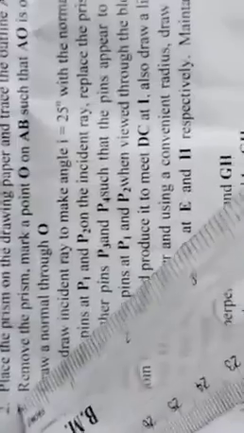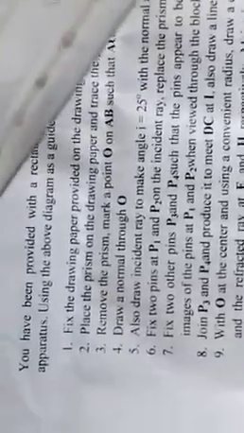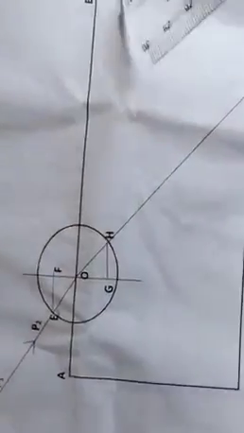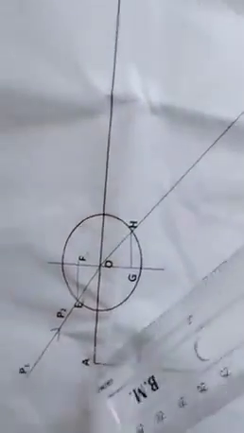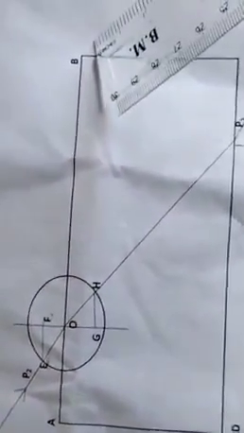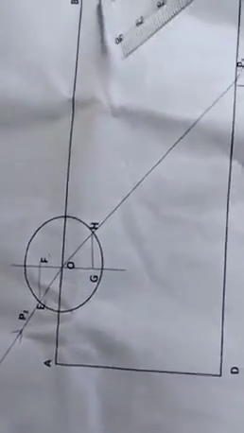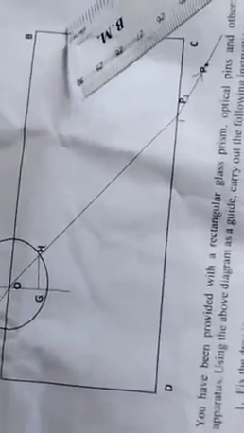Go to number 3. Remove the prism. Mark a point O on AB such that AO is 1/4 of AB. So let's understand it. Let's look at the prism. This face is AB. So we're going to measure the length AB. If AB is maybe 12 cm, we'll find 1/4 of 12, which is 3 cm.